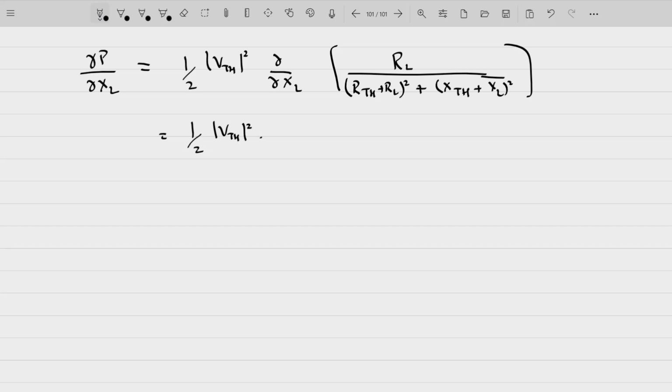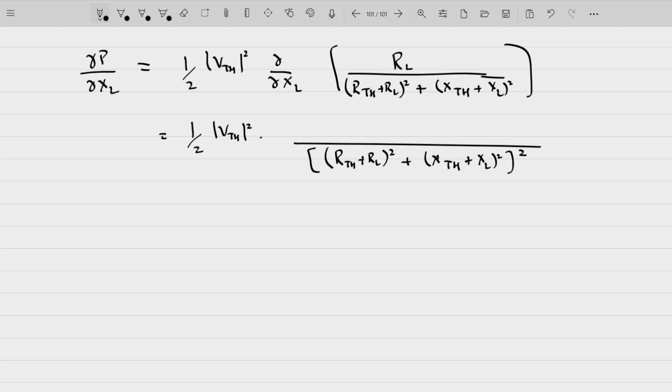Differentiating this now with respect to XL, the denominator is (RTH plus RL) square plus (XTH plus XL) square, whole square.